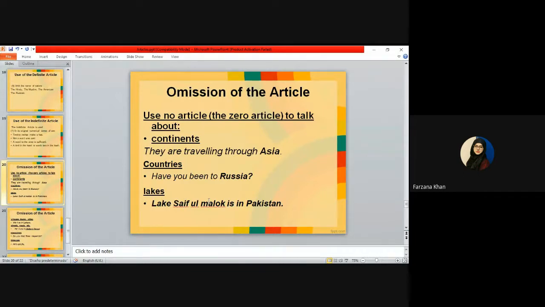It will simply be Saiful Maluk, right? But when it comes to the common noun, which is basically lake, if you're talking about only a lake, then you can use a lake, the lake. But when you are talking about the complete name of the lake, then you will always go for zero article. So keep it in your mind that you will avoid the use of article while mentioning the name of the continents, the countries, and the lakes.